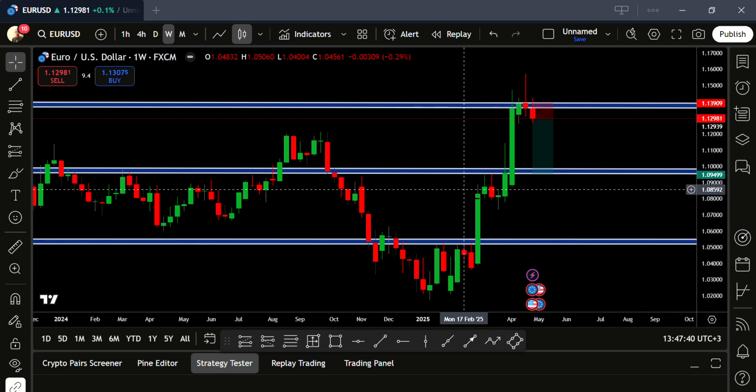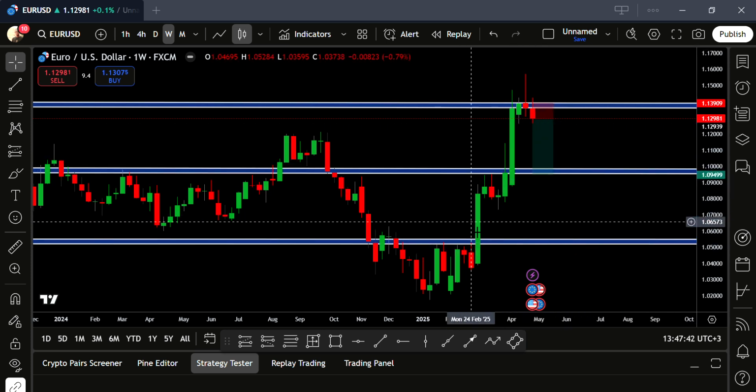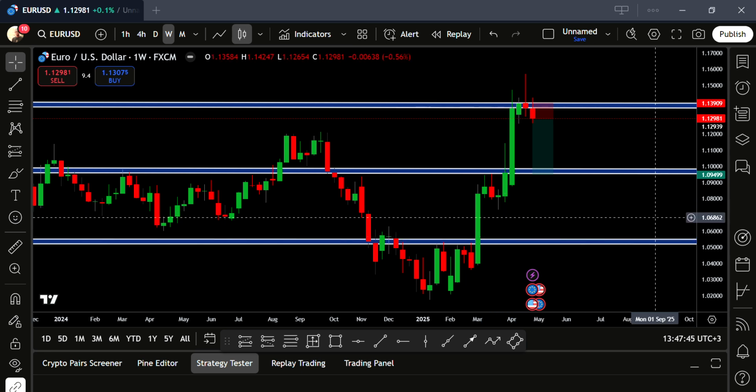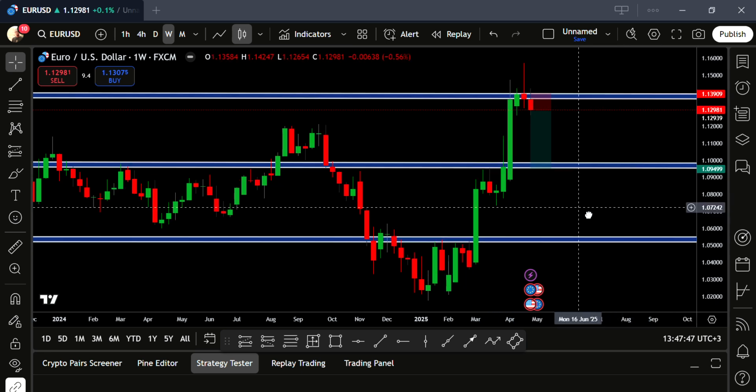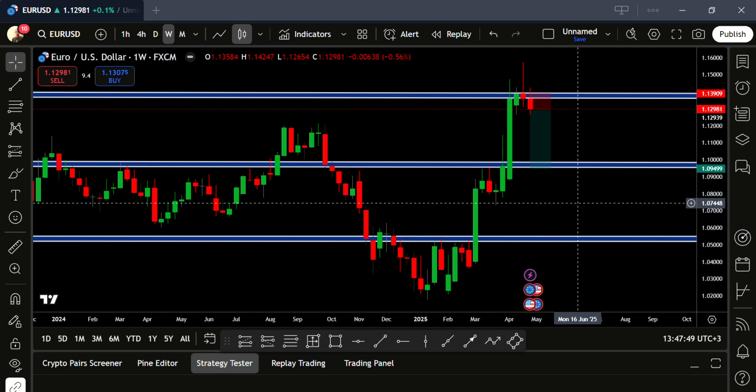Okay, so now on the screen we have the chart of Euro USD, and this is the weekly time frame. I told you the Alchemist strategy works on the weekly, monthly, daily, 4-hour, 1 hour, even the time frames below. But in order for you to have better precision and the most accuracy, I highly recommend that you use the high time frames.